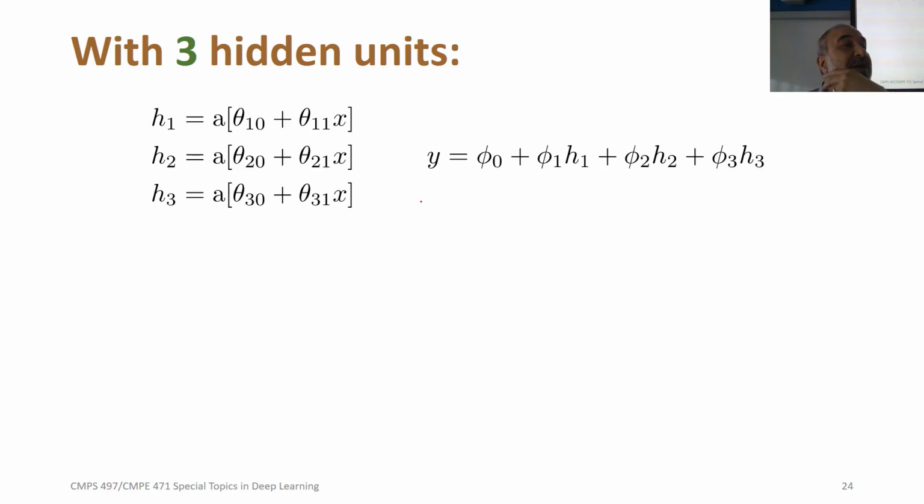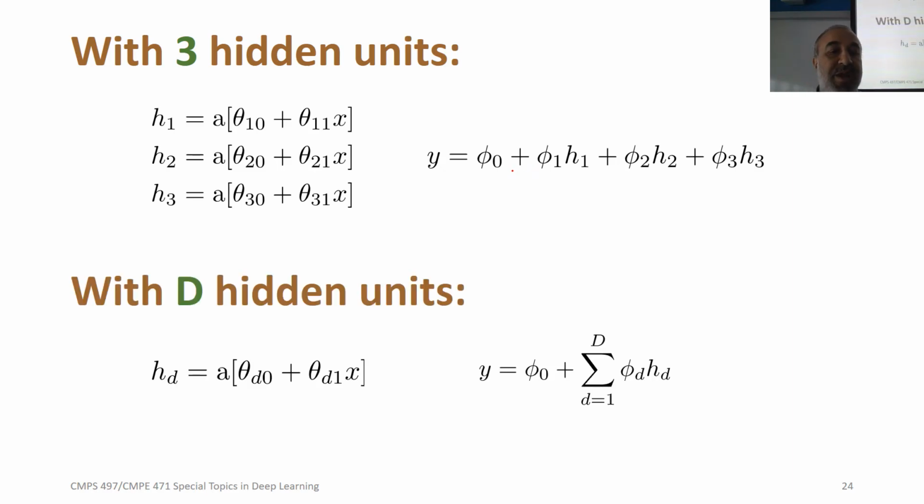But can we extend that to any number of hidden units? What should we change in this equation? Let's say we have 10 hidden units. What will the model be? We'll add more hidden units here. And how about this? We also sum more, right?